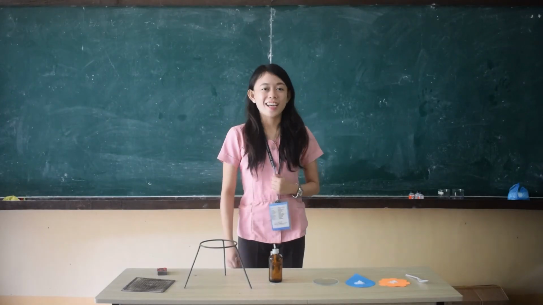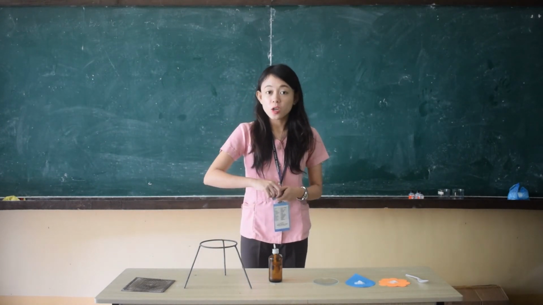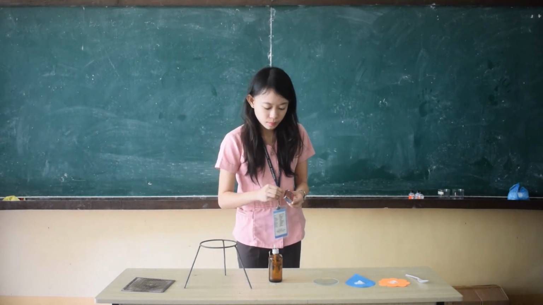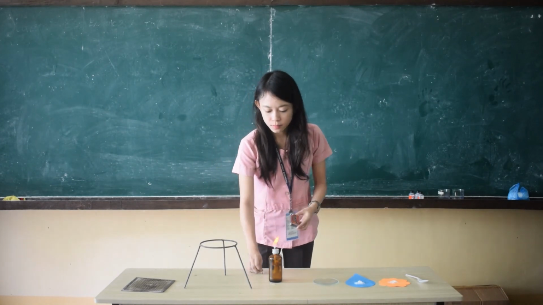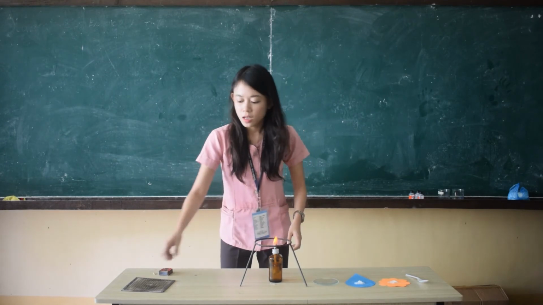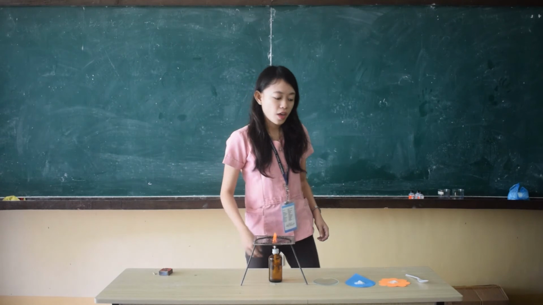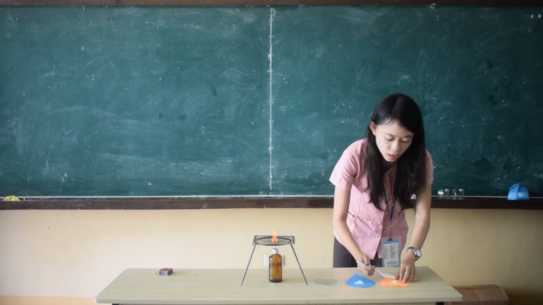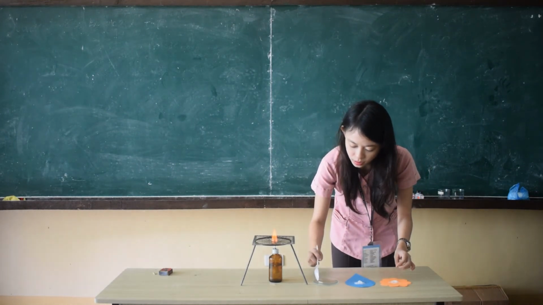Okay, kids, let us do the setup. First we are going to light the alcohol lamp using a match. Next we are going to place the tripod and the wire gauze on top. Then we are going to scoop an amount of sugar and place it on one half of the watch glass.